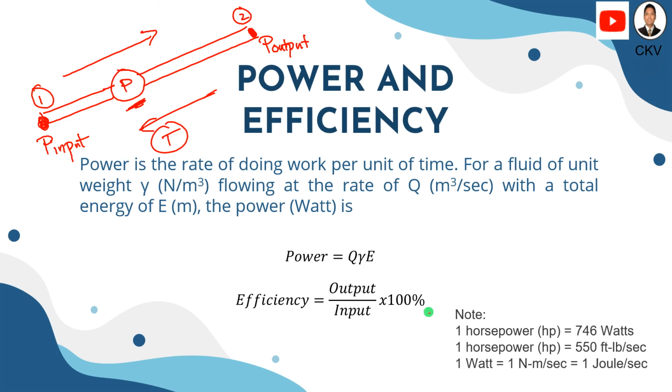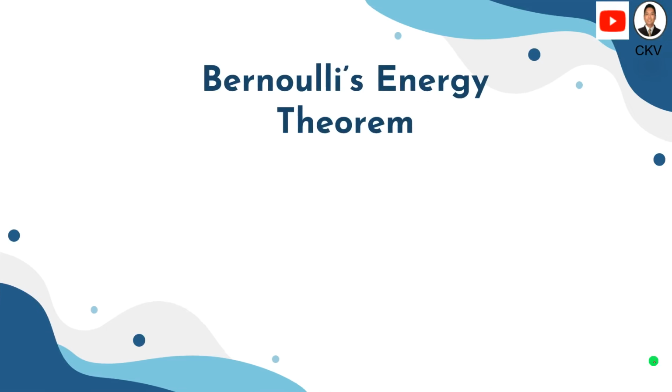Okay, so here are the conversion factors for power, from horsepower to watts, horsepower to foot-pound per second, and watt to joule per second. Okay, next.